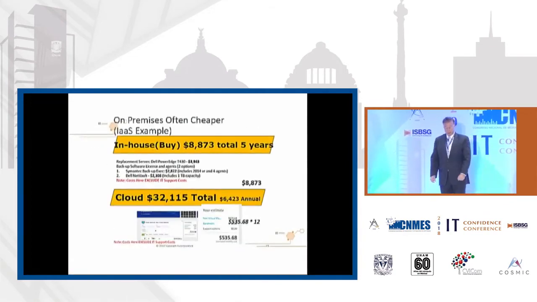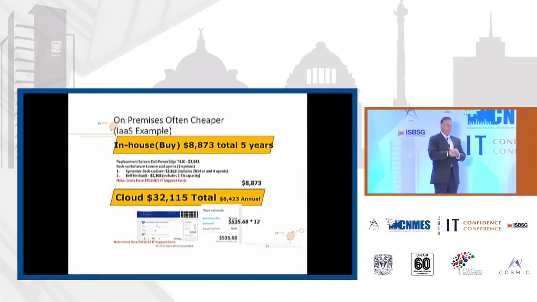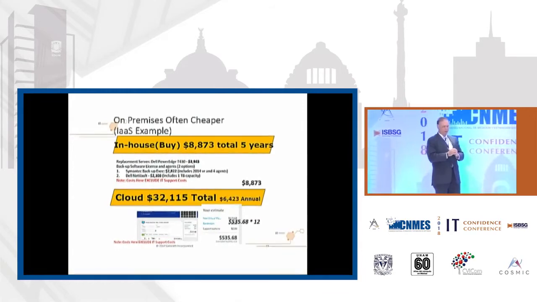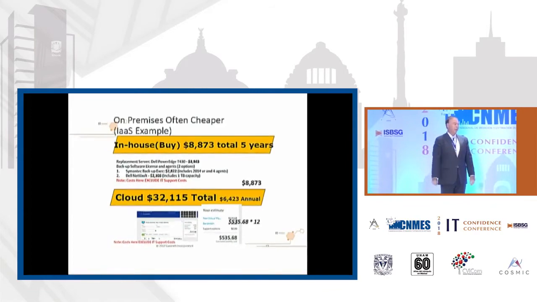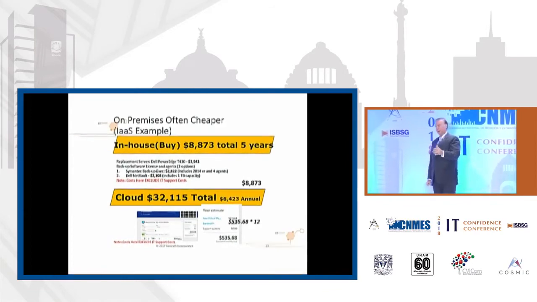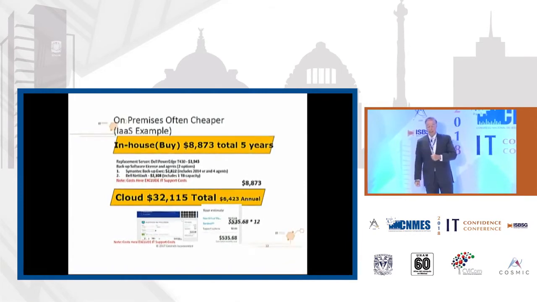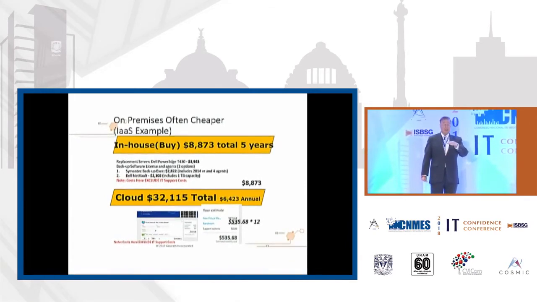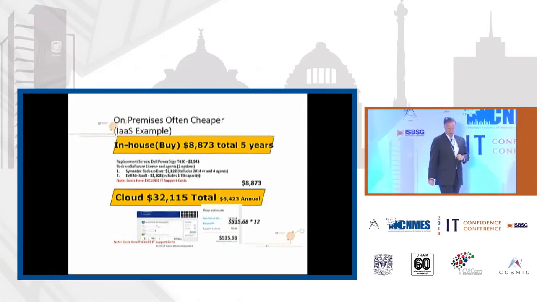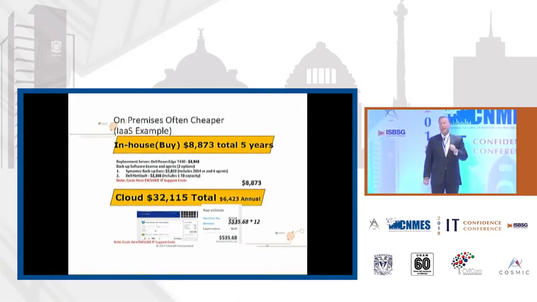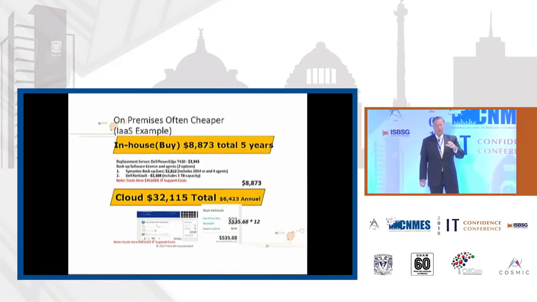Next slide, please. This is an example of going to Dell and buying a server, popping it in your own facility. Doesn't include the power and the space. But over 5 years, this particular example was $8,800. The equivalent cloud functionality over 5 years was $32,115 for the same amount of functionality.